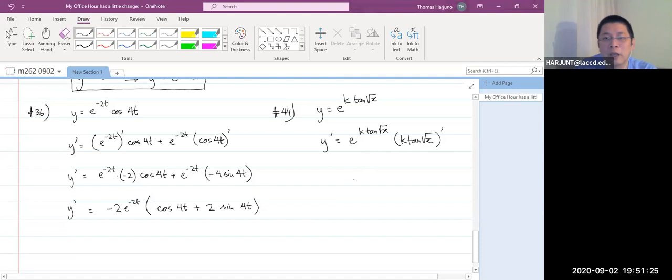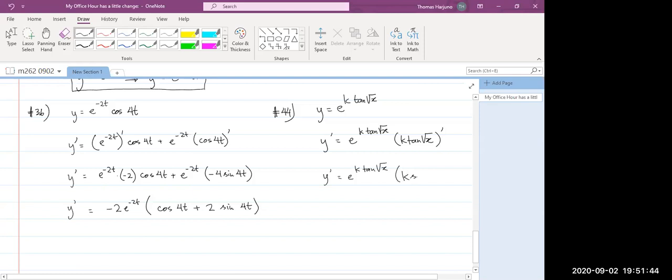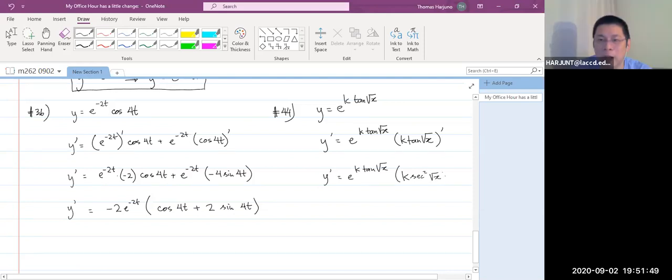So I write the chain first and then compute the derivative of k tangent square root of x. What is the derivative of tangent? Secant squared, secant squared of square root of x, times the chain rule, right?